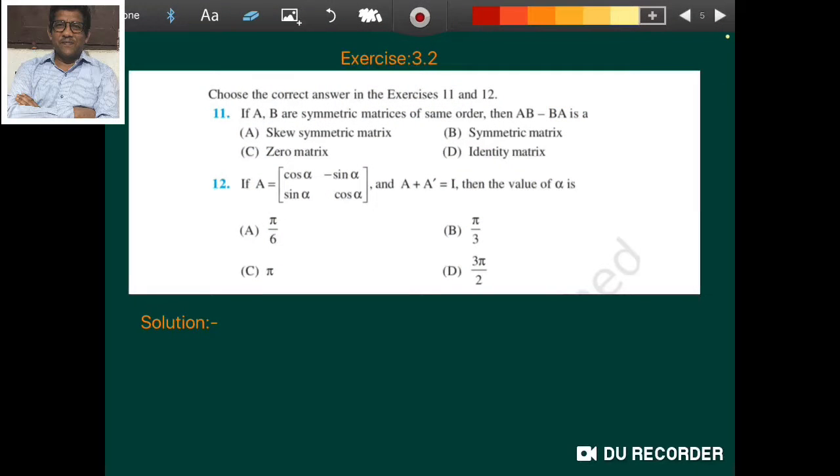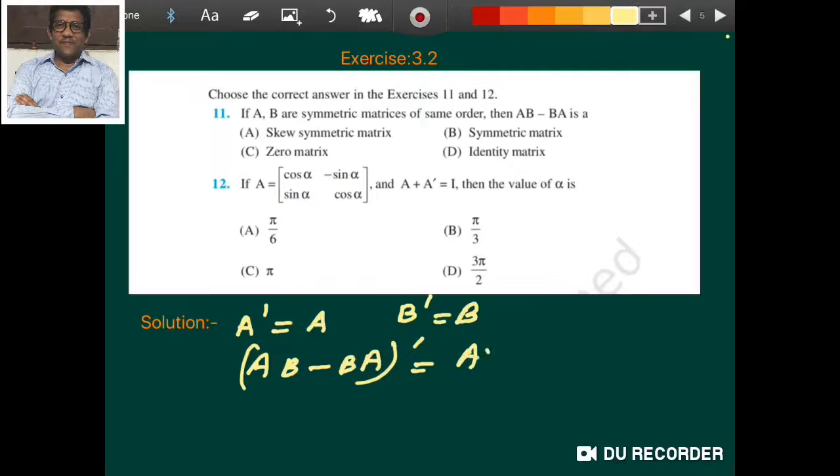In question number 11, it is given that A and B are symmetric matrices of the same order, and we have to determine whether the matrix AB minus BA is a skew symmetric matrix, symmetric matrix, zero matrix, or identity. Here it is given that A and B are symmetric matrices. It means that A dash is equal to A and B dash is equal to B. Now we find the transpose of AB minus BA.